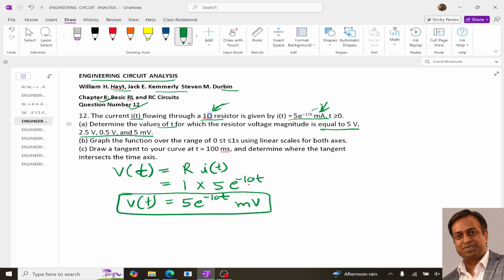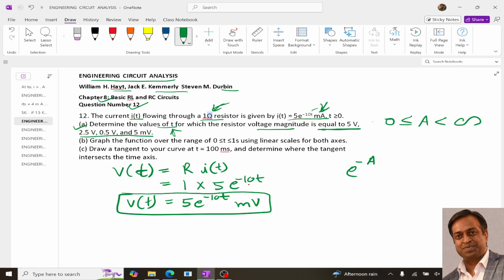Now the problem is that the question says we need to determine t for which the voltage magnitude is equal to 5 volt, but here the possible values are limited. For e to the power minus a, a can range from 0 to infinity, because the voltage cannot be negative.